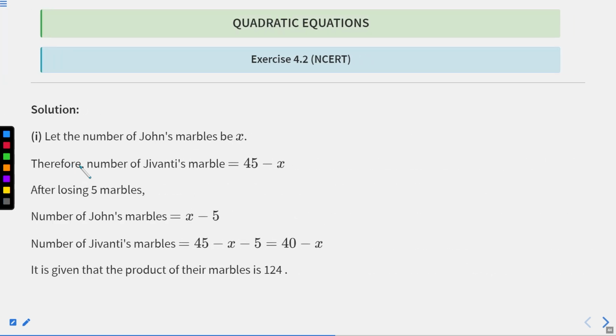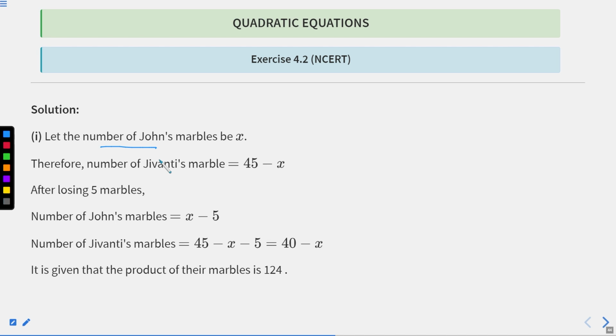First of all, we have to represent the following situation in the form of a quadratic equation. So we let the number of John's marbles be x, and therefore the number of Jivanti's marbles is equal to 45 minus x, since they have a total of 45 marbles.